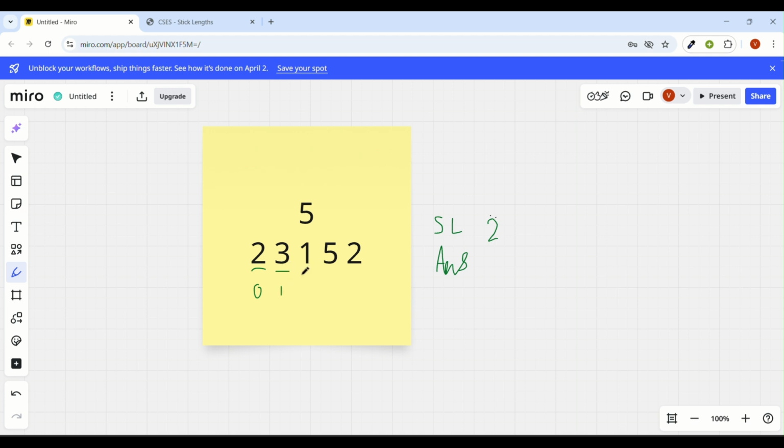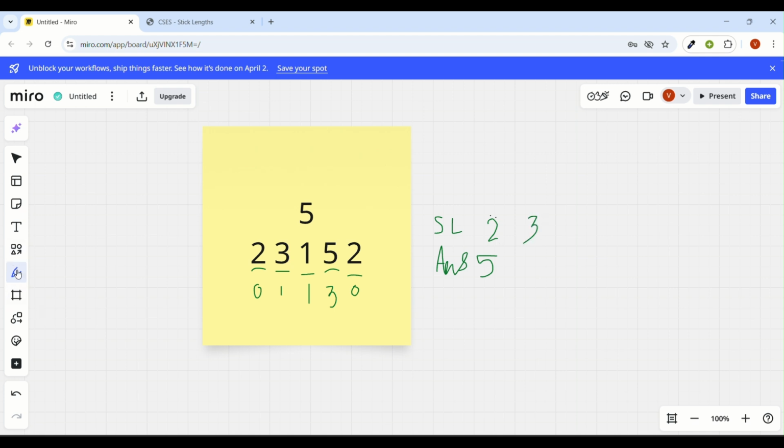The second stick is of length 3, so we need to shorten it by 1 cm. Then the third stick is of length 1, so we need to increment it by 1 unit. Then we need to change the fourth stick of length 5 to length 2, so we need to shorten it by 3 units. Then the last stick is of length 2 already, so we don't need to make any changes. So our answer will be 5 in this case.